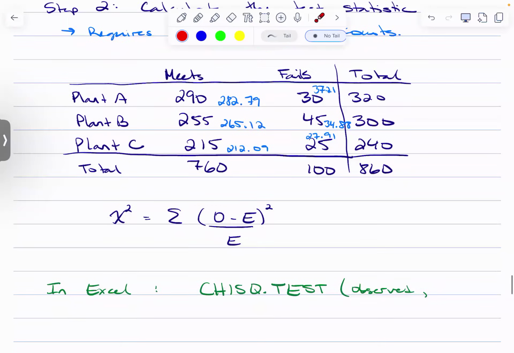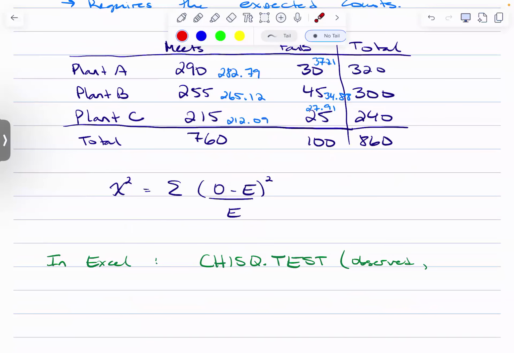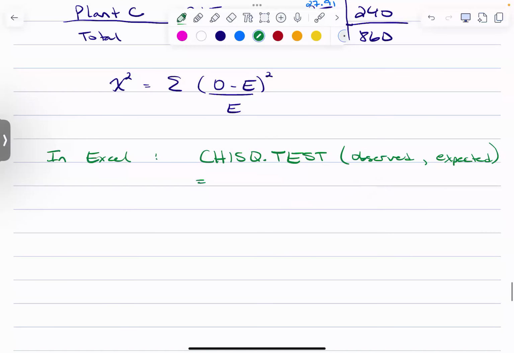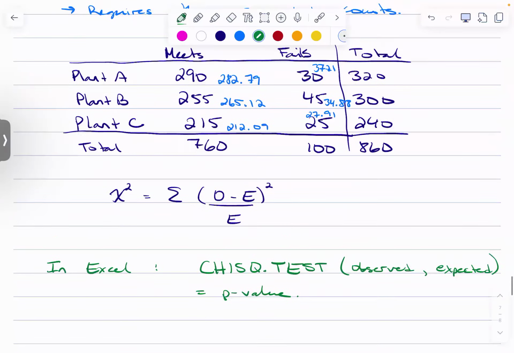But I guess it needs a separate table with the expected in the same layout, but then it'll return the p-value. So it's kind of like 2 steps in one, right? Bypass everything, but you do need to calculate those expected counts.